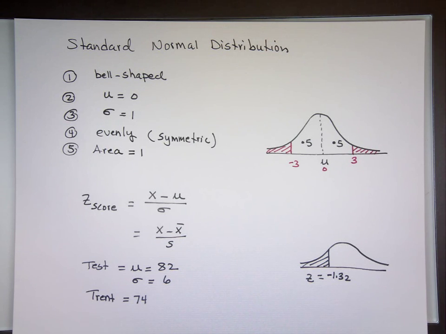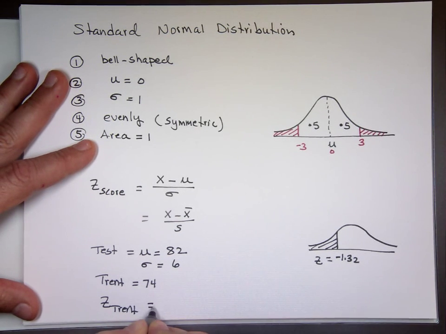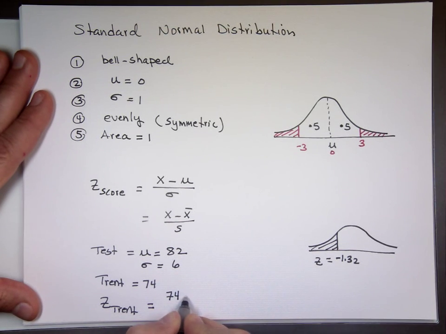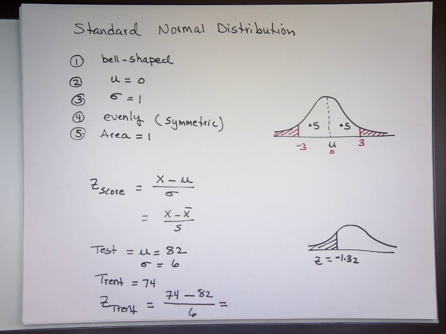What is Trent's z-score? So the z-score for Trent is going to be what? His score, which is the 74, minus mu, the average. What was the average? 82, divided by what? 6. 74 minus 82 is what?